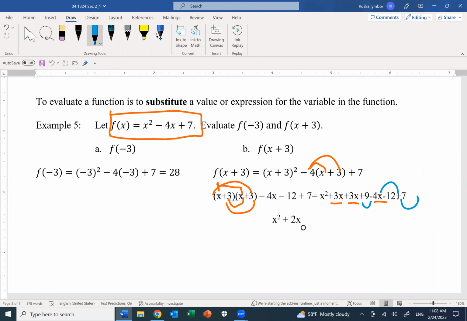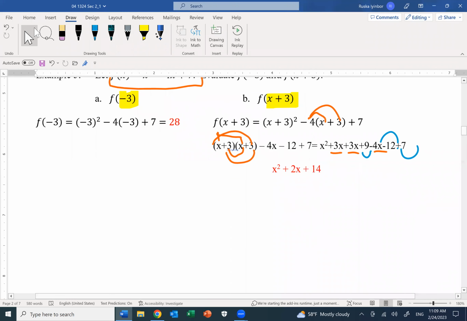And then if they give me something else to plug in, like here, we plug in x plus 3. Whatever is given, it's going to replace x. You have to simplify it, and the answer is going to have x, because that's what you replace x with, x plus 3. Okay, so that's how you evaluate a function.